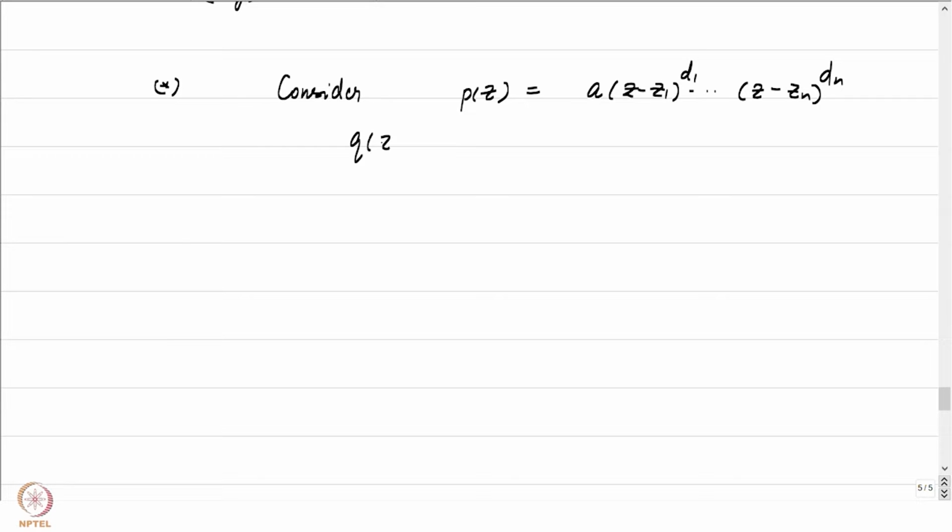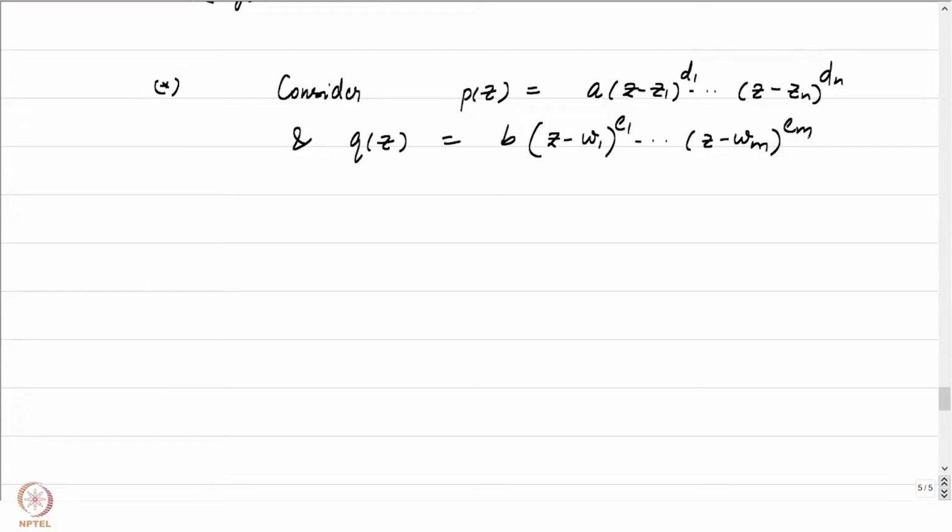Let us look at what happens when our f and g are polynomials. So, consider a polynomial of the following type: p of z equal to a times (z minus z1) to the power d1 up to (z minus zn) to the power dn, where zi's are distinct, and let q of z be the polynomial b times (z minus w1) to the power e1 up to (z minus wm) to the power em.